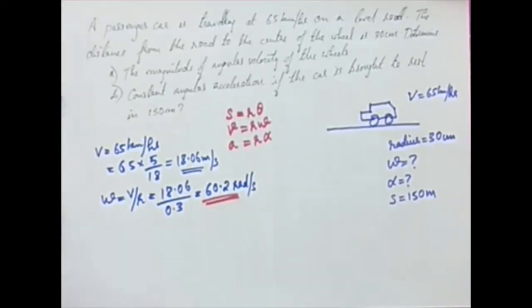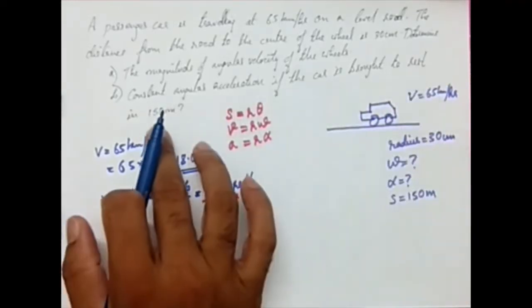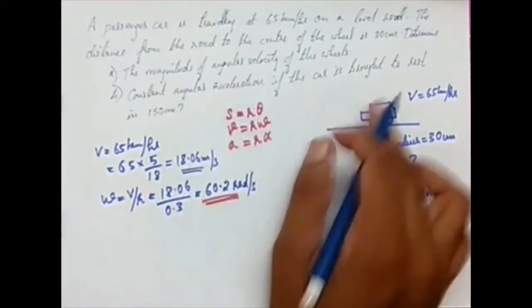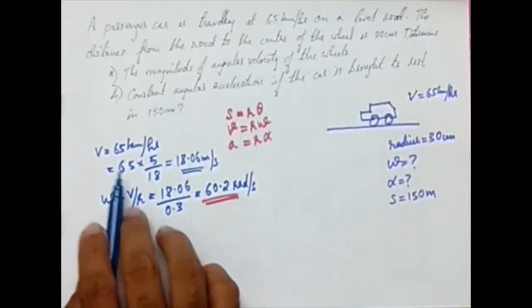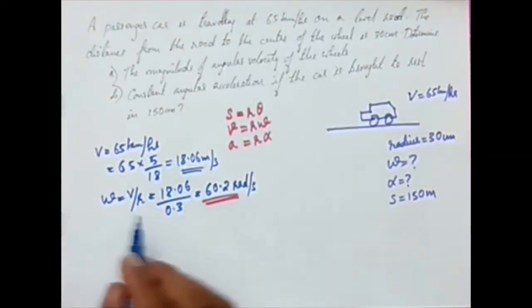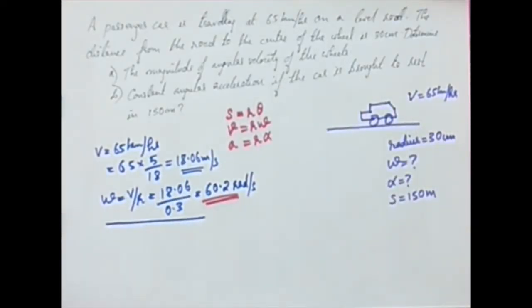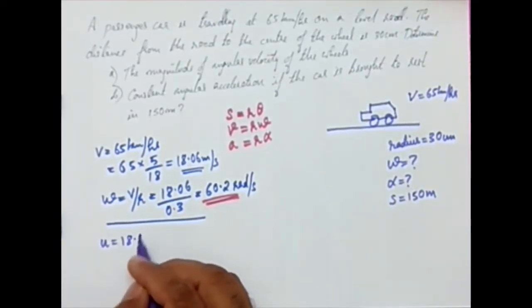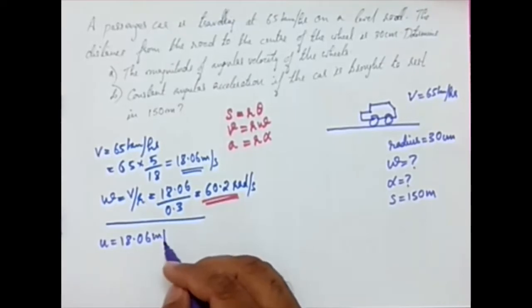And what about the B part? We are asked to calculate the angular acceleration if the car is brought to rest in 150 meters. So 150 meters is the linear displacement. Can we calculate the linear acceleration? Let's try that. Currently the car is running at a velocity of 18.06, so u can be considered as 18.06 meter per second.